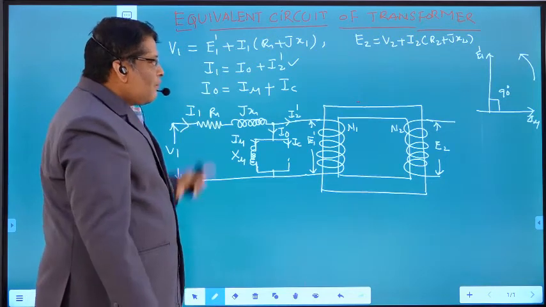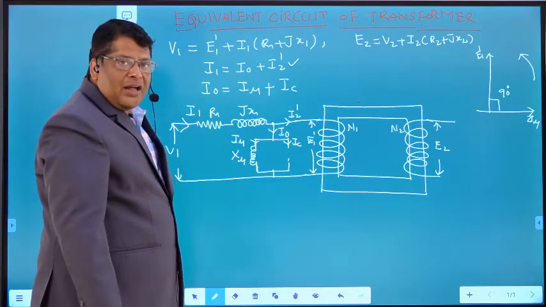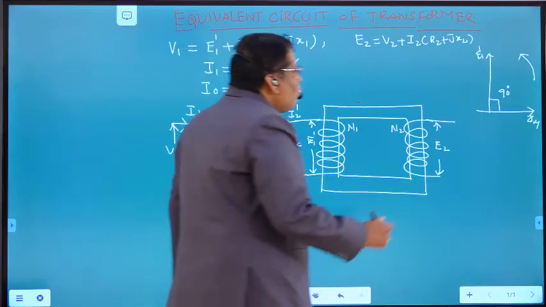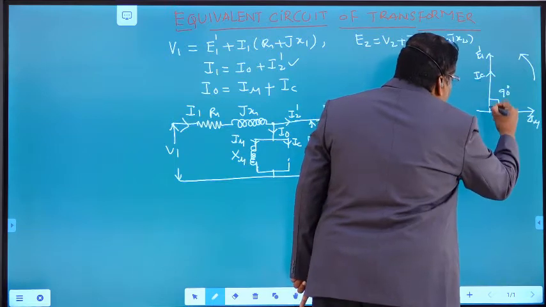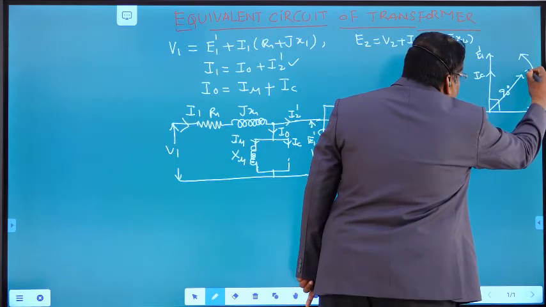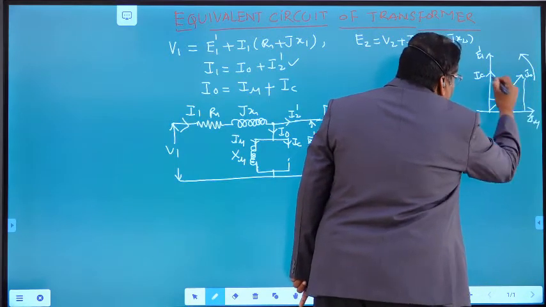Next, in the phasor diagram, you see the core loss current is in phase with E1 dash. This is the core loss current, this is the no load current, this is I mu, this is IC.